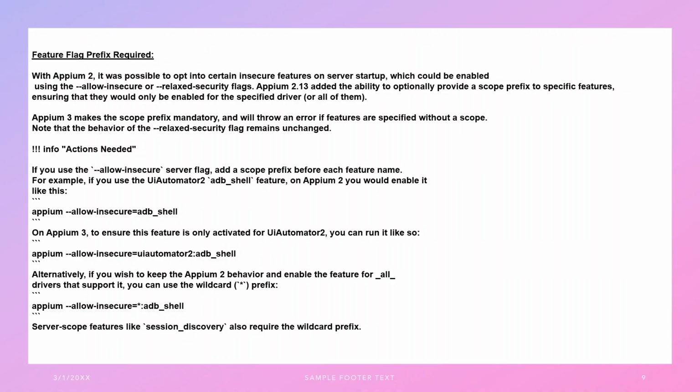In Appium 2.13, they added the ability to optionally provide a scope prefix to specific features, ensuring that they could only be enabled for the specified driver or all of them.